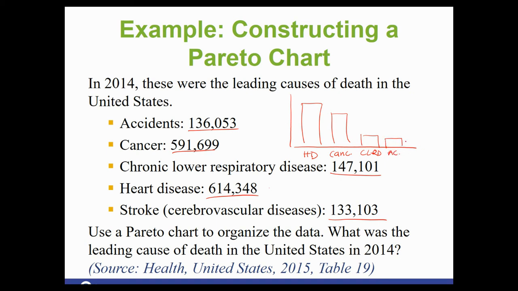And then we have stroke. I just made a quick sketch, but then on the right-hand side would be our scaling. So how many, and maybe you're counting by hundreds of thousands or by 50,000s, however you would like. But the big thing with this is the bars do not touch, and they always go in descending order.